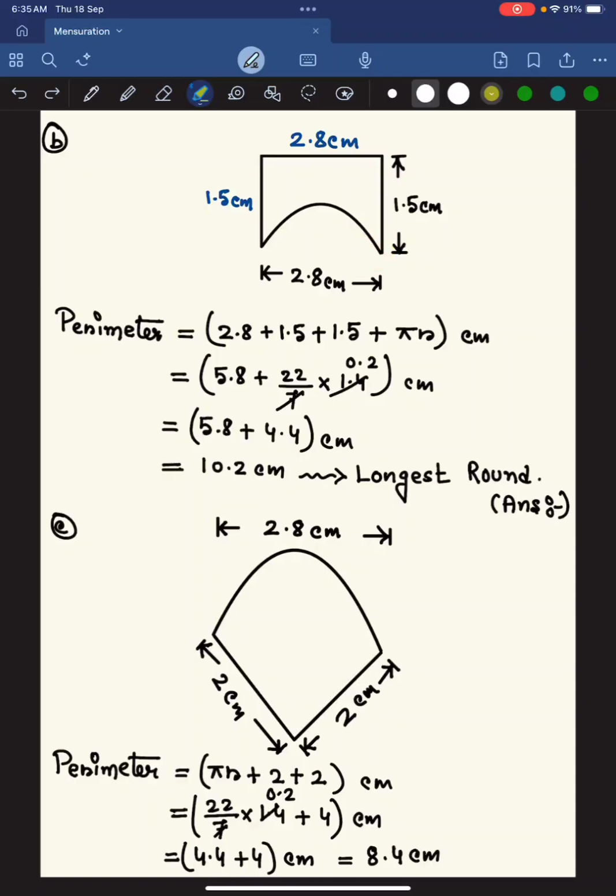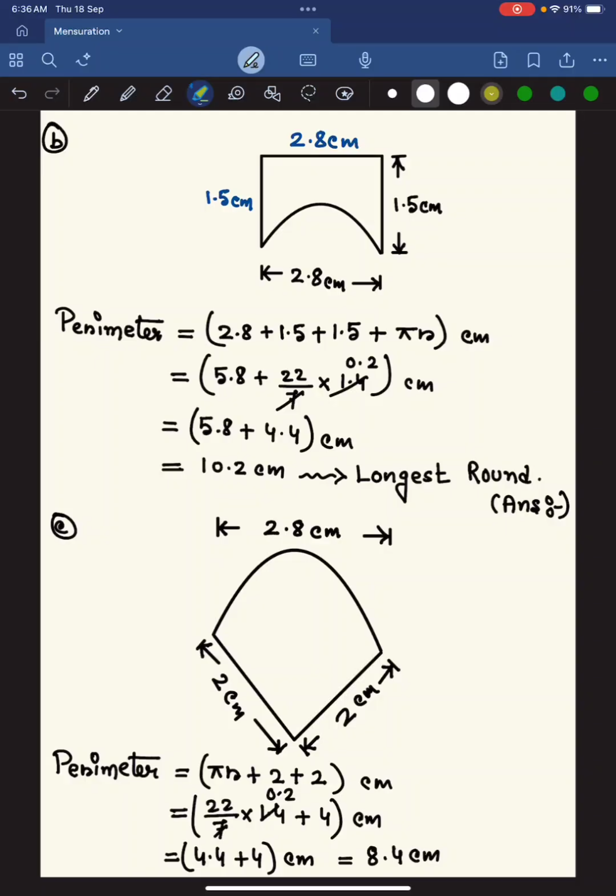So the perimeter equals this 2.8 centimeter plus 1.5 centimeter plus 1.5 centimeter plus the perimeter of this semicircular arc, which will be pi r. Because this portion is not connected, we don't have to include the 2r portion.